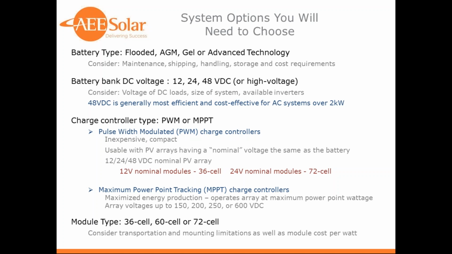You also have to consider shipping, handling, storage, costs. There's a lot to go through with batteries to make sure you get the right battery for your customer. One thing I did run into when I was doing lots of off-grid installs for people, in those years it was mostly flooded batteries, I did find that most people that were new to living off-grid tended to ruin their first set of batteries just because it's kind of a learning process to learn how to operate your system.